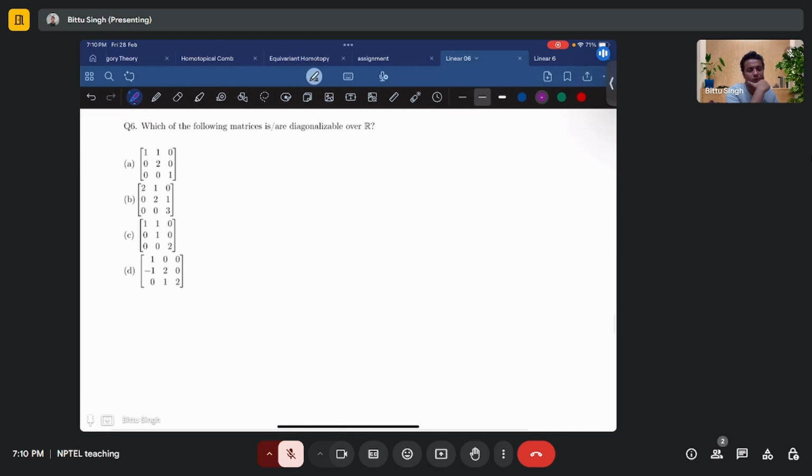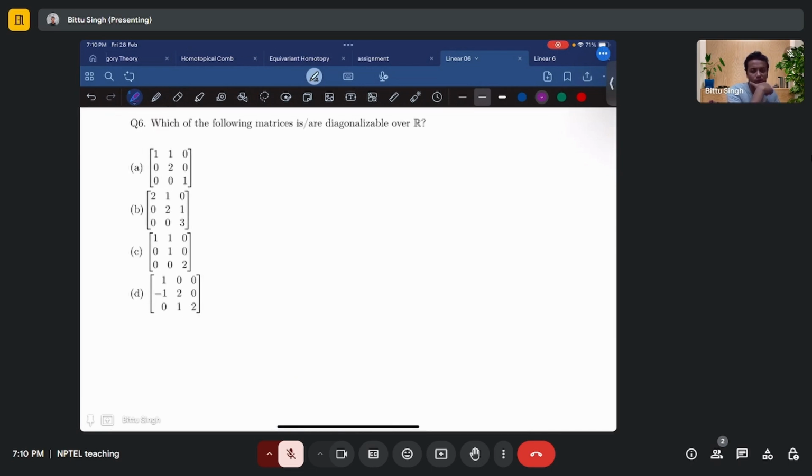Now for this question, we need to see whether those matrices are diagonalizable or not. Let me write the solution. From here, what are the eigenvalues? We just use that observation, it is not a result.